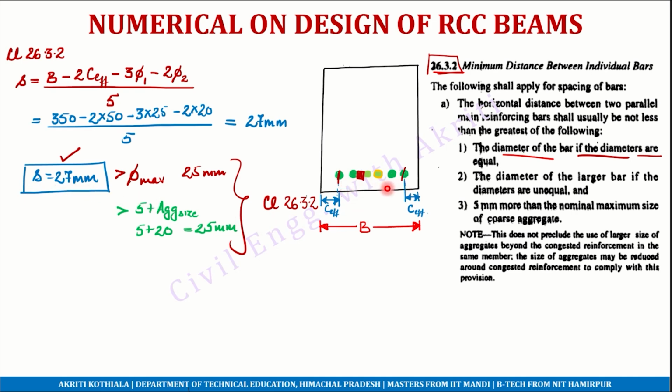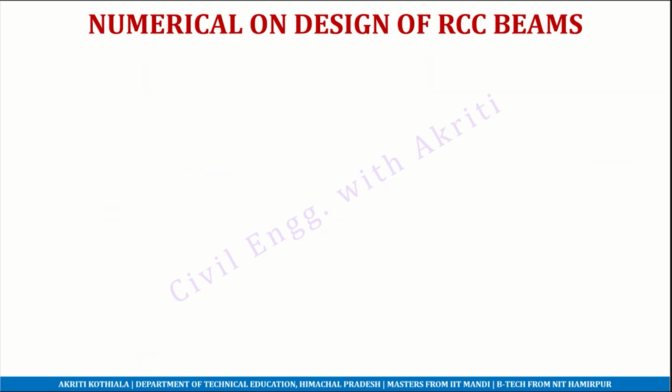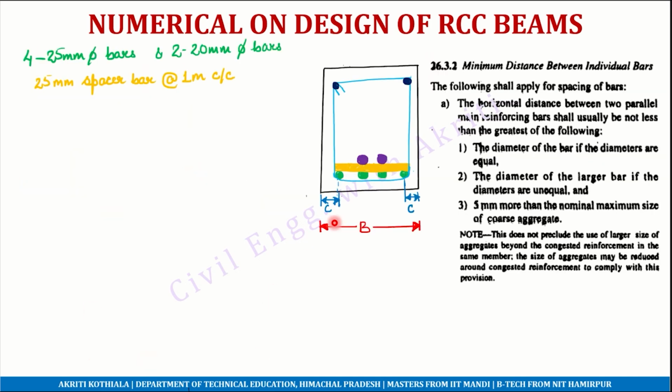However, for the sake of understanding and to make it easier for the laborers, we will try another arrangement here, in which we'll provide a spacer bar at 1 meter interval center to center. So what is a spacer bar?